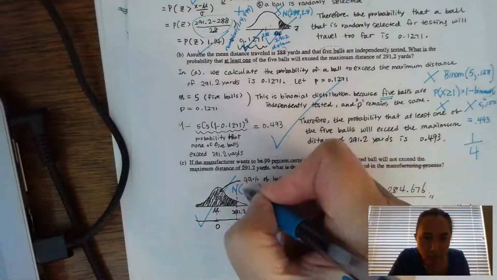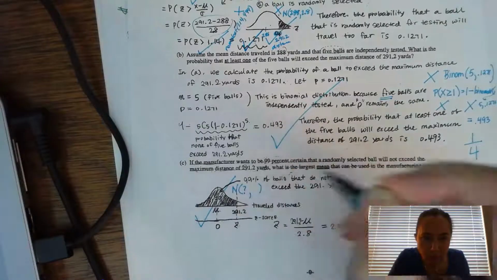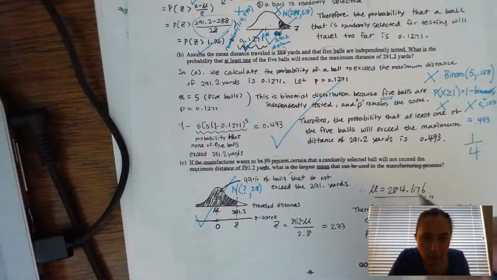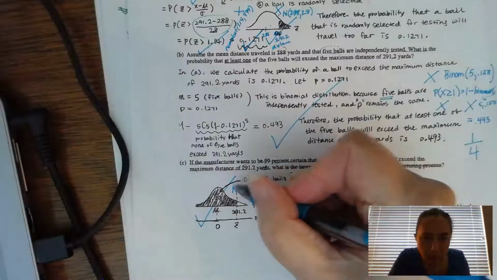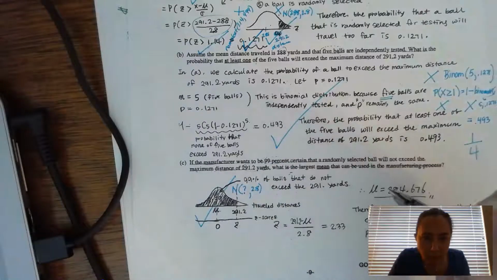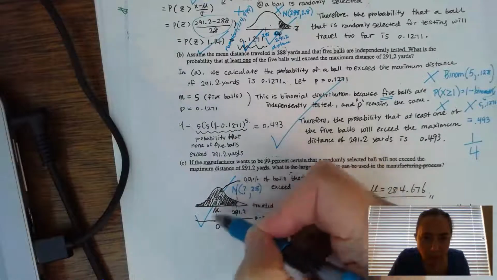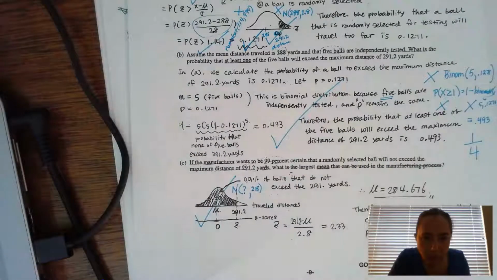We are looking for the mean. Okay, we know that the standard deviation is 2.8 though. Normally I guess I would check for having the n and the 2.8. I'm not going to give that a check. So 1 point for having the graph, the normal model drawn with the 99% on the inside.